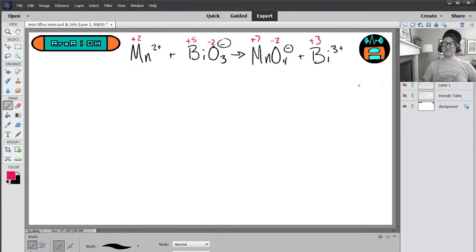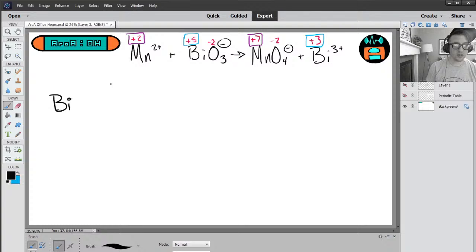All right, so now that we've assigned all of our oxidation states, we need to identify which ones are changing. And we can see that the oxidation state of manganese changes. It goes from 2 to 7. And the oxidation state of bismuth changes. It goes from +5 to +3.